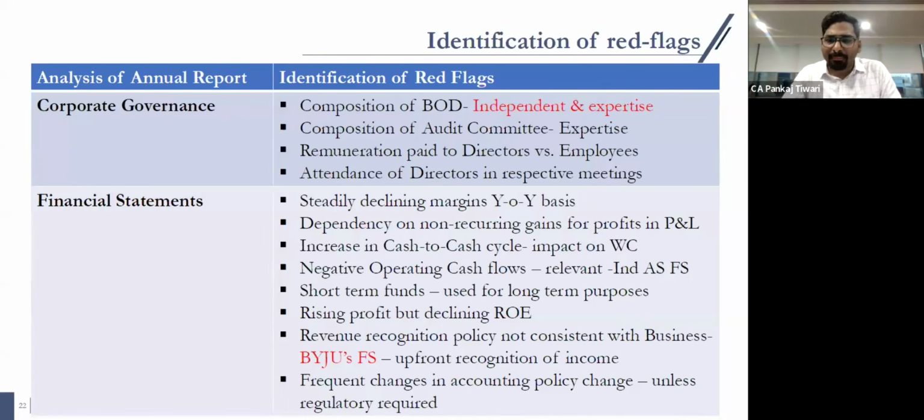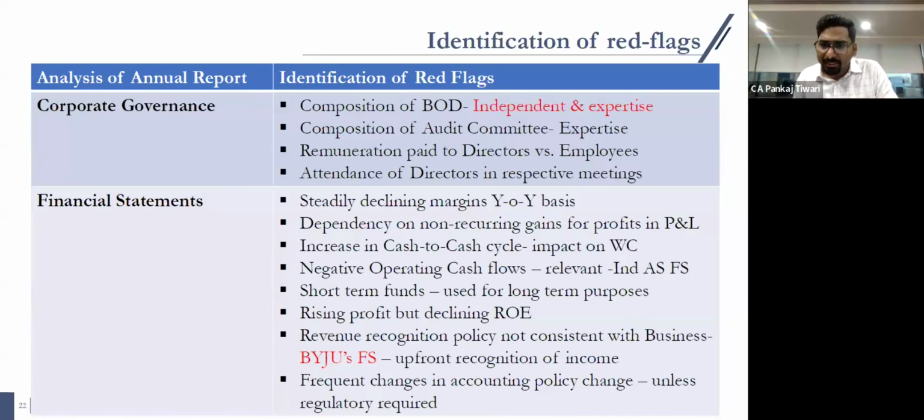Another is the financial statement. My friend, this is one of the important areas to look at and analyze. Till now, what we have looked at is whether there are any red flags from information other than the financial statement.